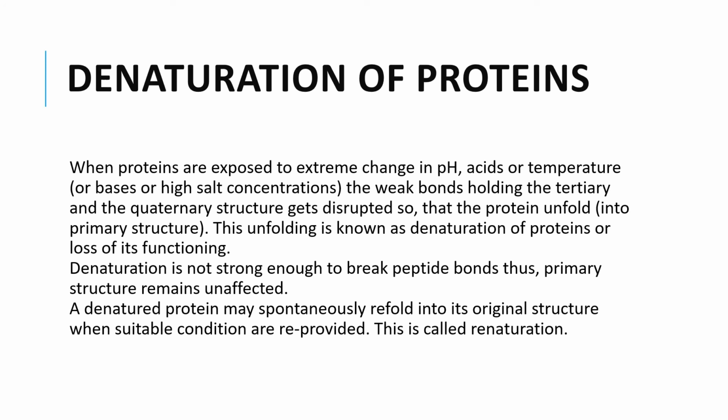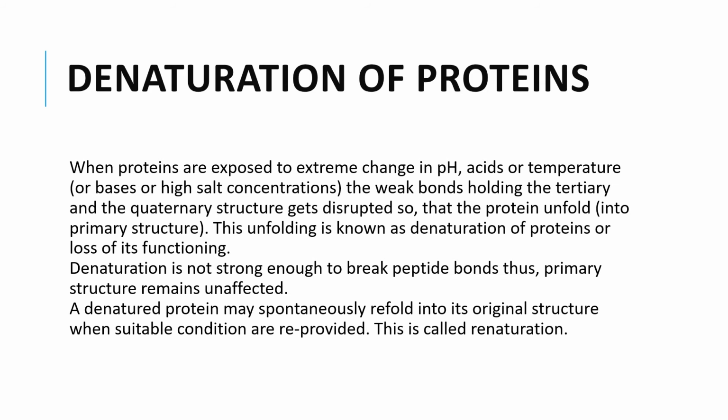Denaturation. What is denaturation of proteins? When proteins are exposed to extreme change in pH, acids or temperature, the weak bonds holding the tertiary and quaternary structure get disrupted. The protein unfolds, and this unfolding is known as denaturation of protein.